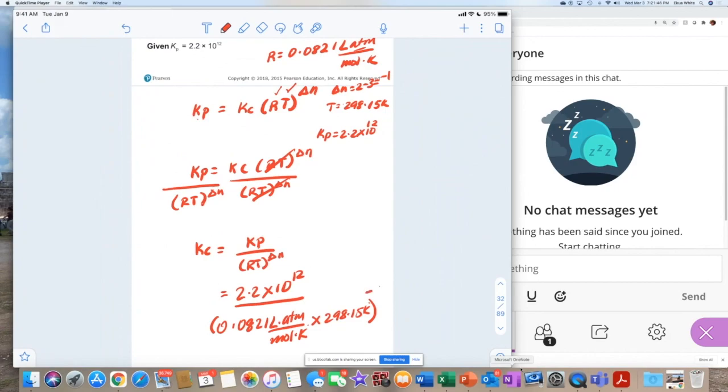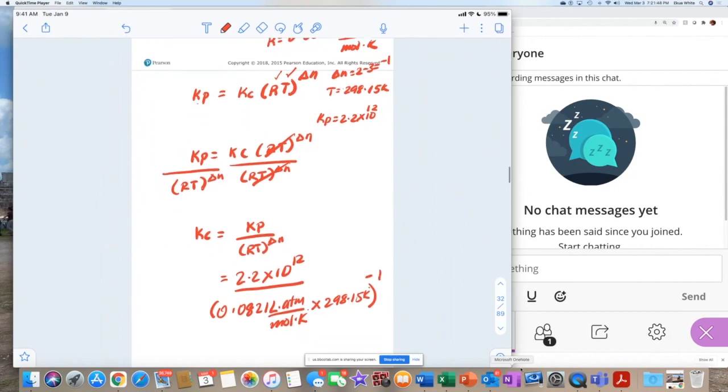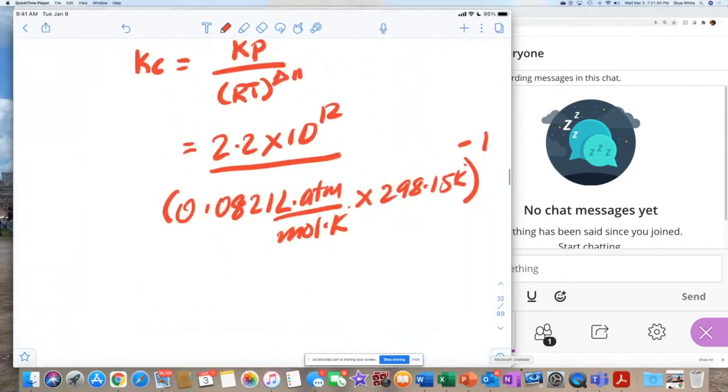And then raised to the power, this is negative 1. Can I do all this? Sure. Let's do the bottom part first. 0.0821 times 298.15. That's the bottom number. Okay, I got the number that goes in there, and then raised to the power negative 1. Does that work?